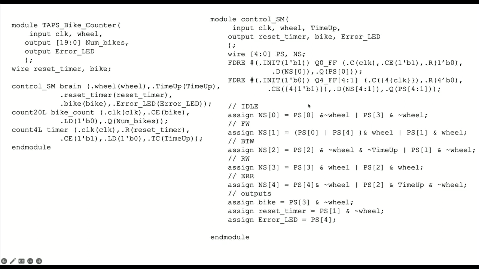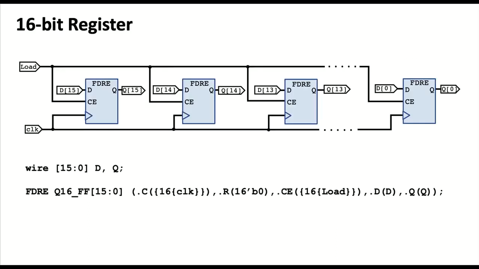If you have a register and you don't care, they're all initialized to 0, you can just have 1 bus of flip-flops. In fact, if you were making a 16-bit register, it could just look like this, 1 line. This is a 16-bit register.